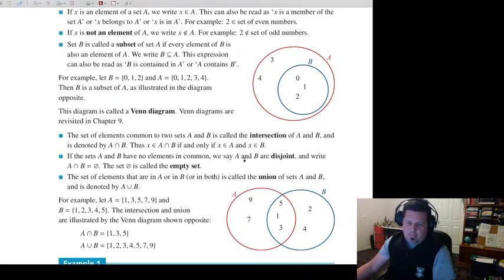You need to work out how you can remember the difference between the union and intersection symbols.